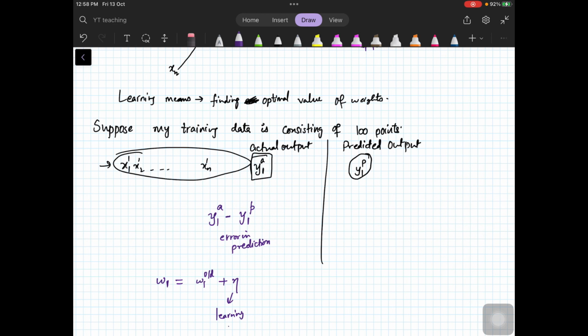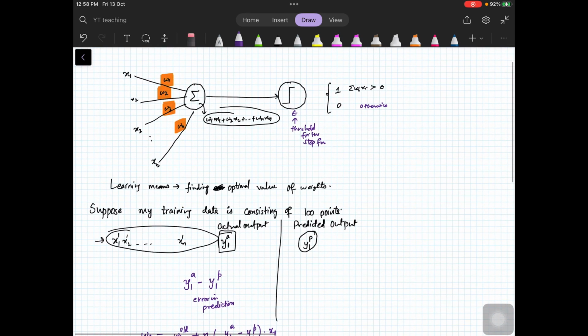How to choose the learning rate, we'll see. Normally this is, say, 0.1 or 0.2, times the expected output minus the predicted output, times x1. You take x1 into consideration because suppose this input was 0. Then in the error I am getting, I don't want to update this w1, because in the information which is right now generated, x1 did not play any role. So if x1 is 0, I do not want to update the corresponding weight.